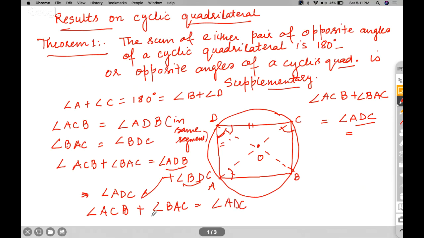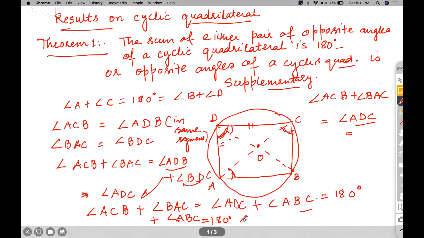Now what I do is I add on both sides angle ABC so that I complete this triangle. What I get here is 180 degrees, because this is the complete triangle ABC. So this would also be equal to 180 degrees. So what is angle ADC?